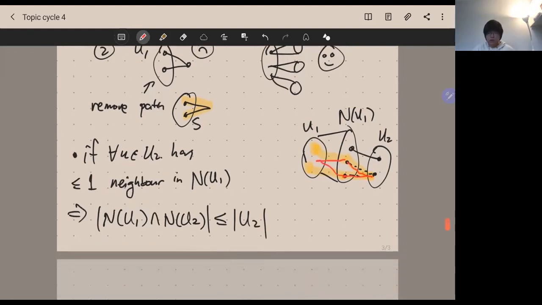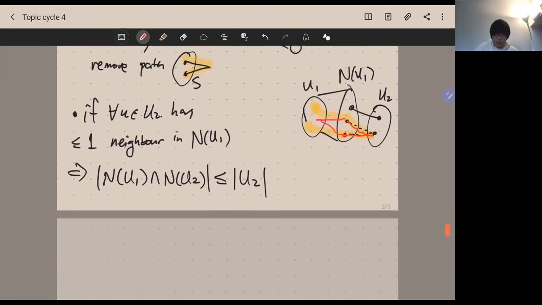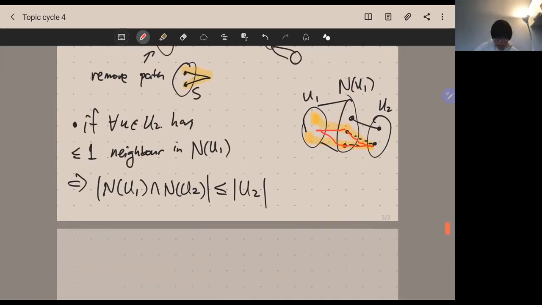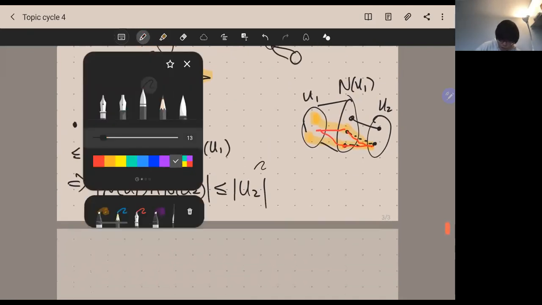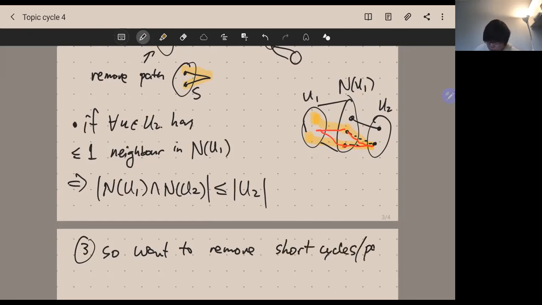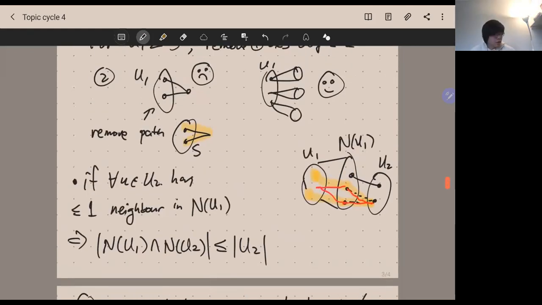We don't know. So for this purpose, we motivate the definition. So we want to remove this, the third kind of thing we want to remove, like short cycles and paths based at S, right? We are almost done with this hand-waving part.